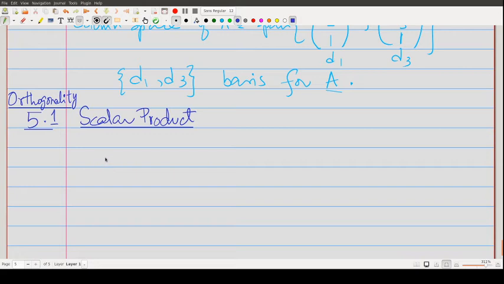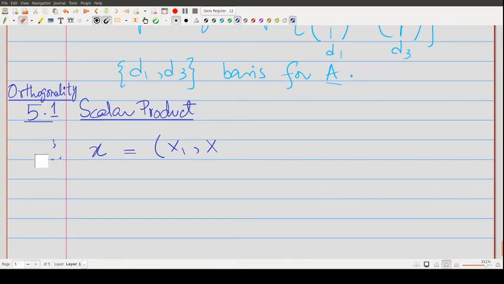Okay, so now we're talking about Rn, but let's limit our conversation to perhaps R2 and R3. Let's suppose we have some vectors x and y. Actually, let's just talk about a general Rn.